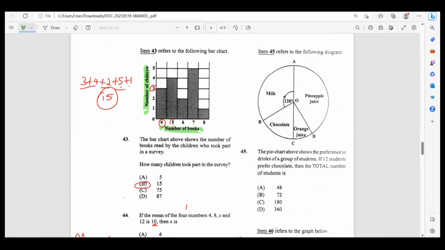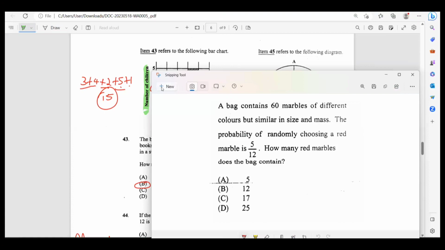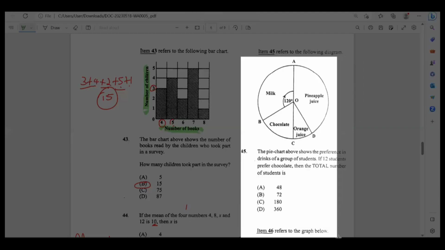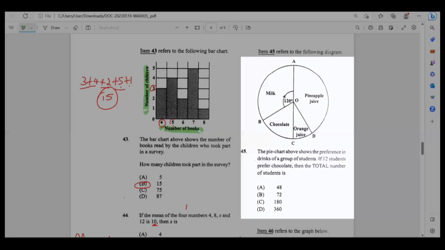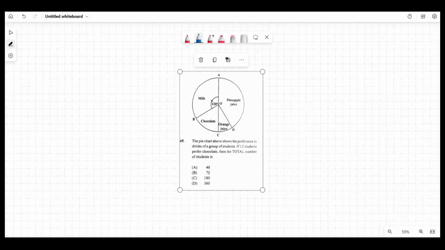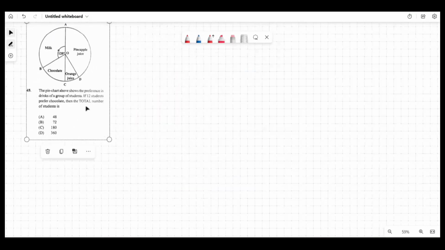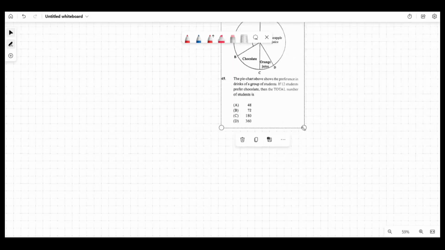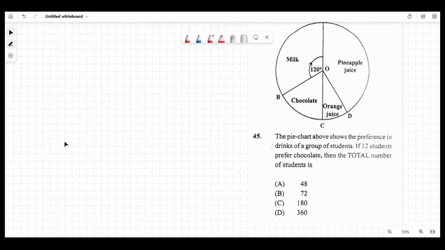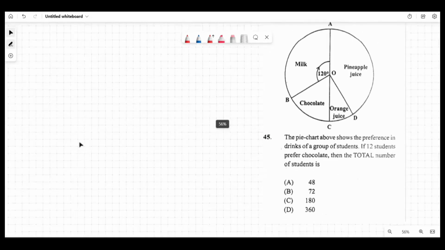Give me a second. Let's bring this down with the answer right there. All right, we're good. We can manipulate it now. I could put it over here. All right, big enough.